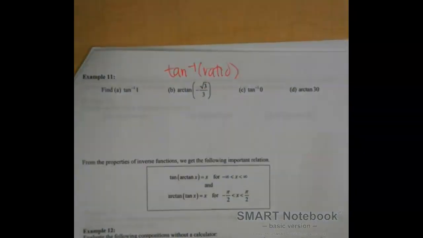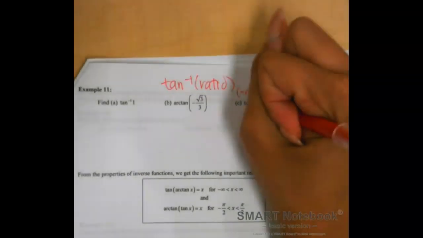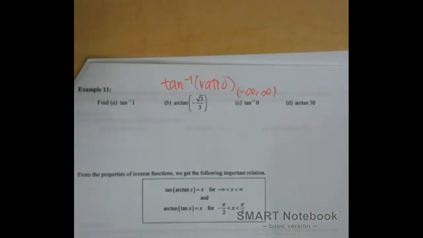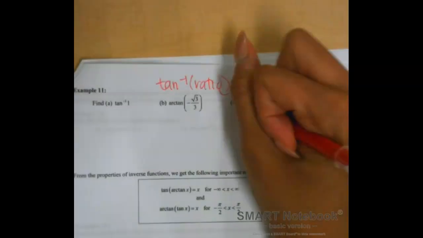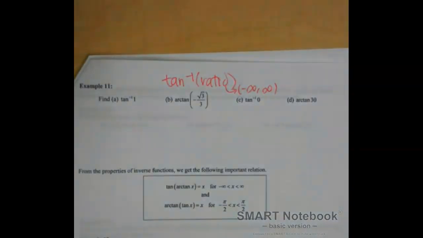For tangent inverse, that ratio needs to be from negative infinity to positive. This is my favorite because it literally can be any number. It could be something as small as 1/2. It could be anything as big as 2 million. No matter what the number is, you can always do it as long as it's a ratio. You don't want to see pi here.